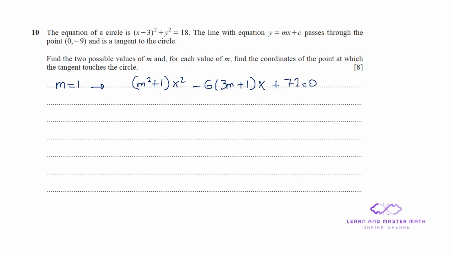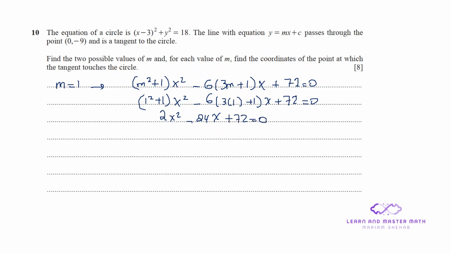I'm going to replace m with 1, and then it will give me (1 squared plus 1) x squared minus 6 times (3 times 1 plus 1) x plus 72 equal to 0. Simplify more and you will get 2x squared minus 24x plus 72 equal to 0.